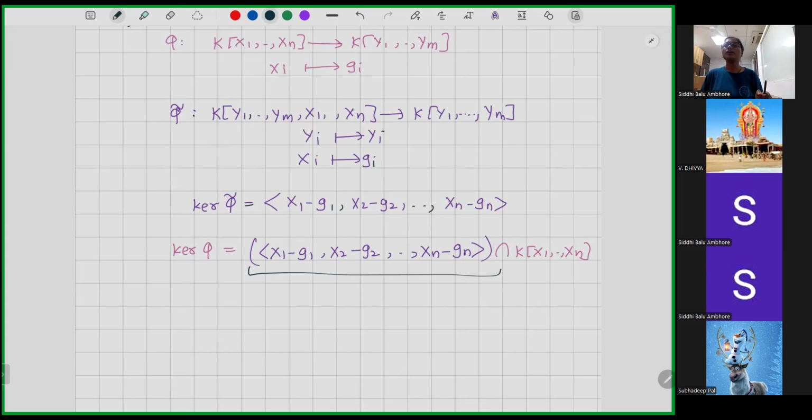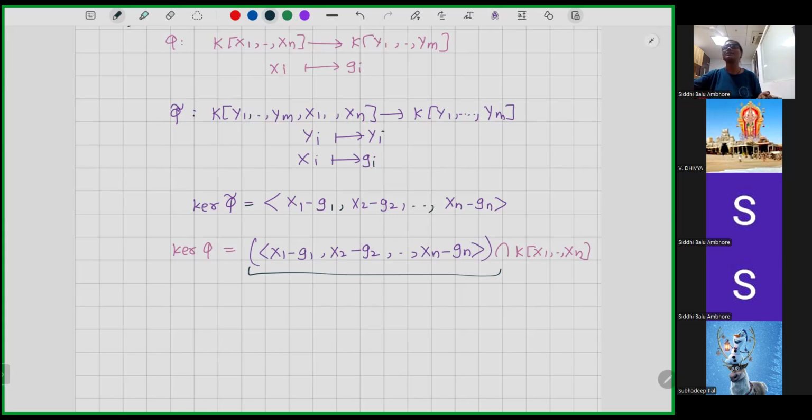Okay. So in general, we can't find the expression, but when the GCD of a and b is 1, the kernel of this map, x going to t power a, y going to t power b, is actually x power b minus y power a. When the GCD of these two is not equal to 1, we can have many expressions such that powers of x and y can become equal, and it will give me 0.